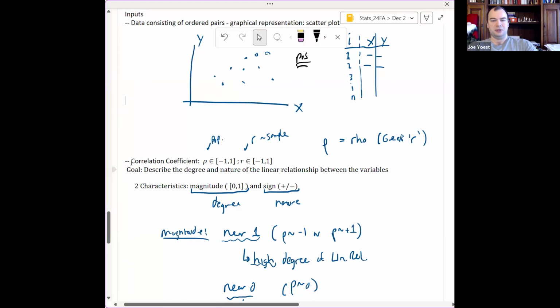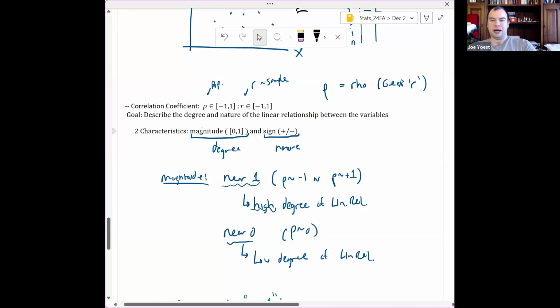And we talked last time about the correlation coefficient, denoted either rho for the population parameter or R for the sample statistic. It's always a number between -1 and 1 inclusive. And it has two characteristics we're interested in. It has a magnitude, in other words, an absolute value. Is the number in magnitude close to 0 or close to 1? So a correlation coefficient near -1 has a magnitude near 1, or a correlation coefficient near +1 has a magnitude near 1.